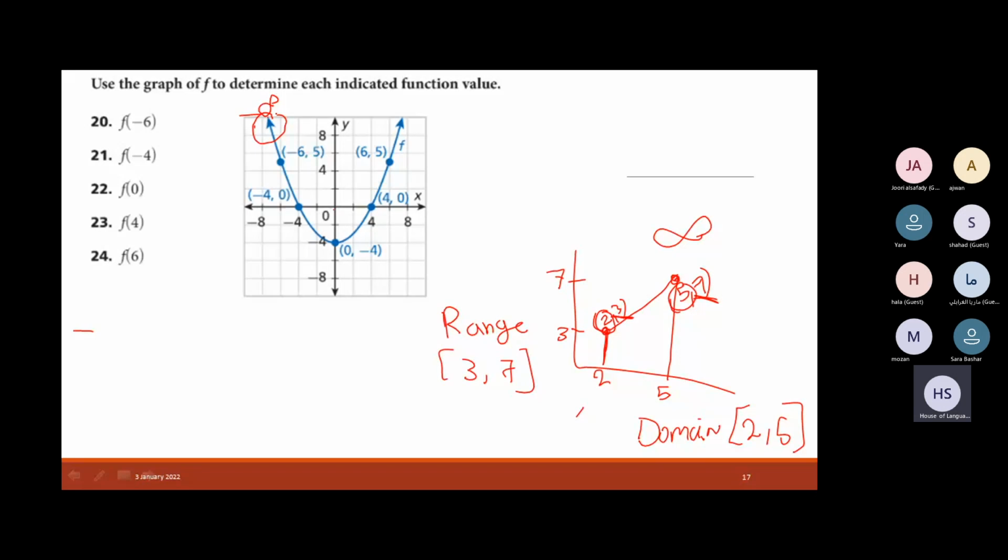We start from negative infinity. The domain is talking about the x. Since I am on the negative x, I will say that I am from negative infinity, then I will go up to the positive x, which means the positive infinity.